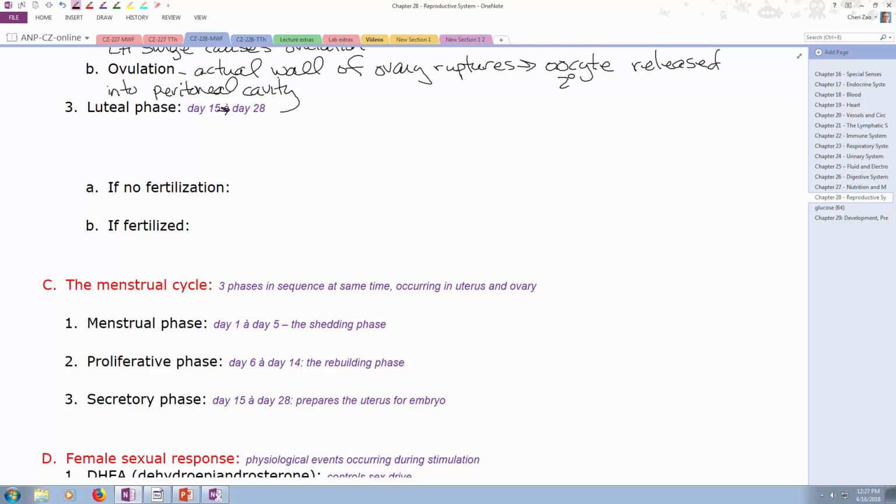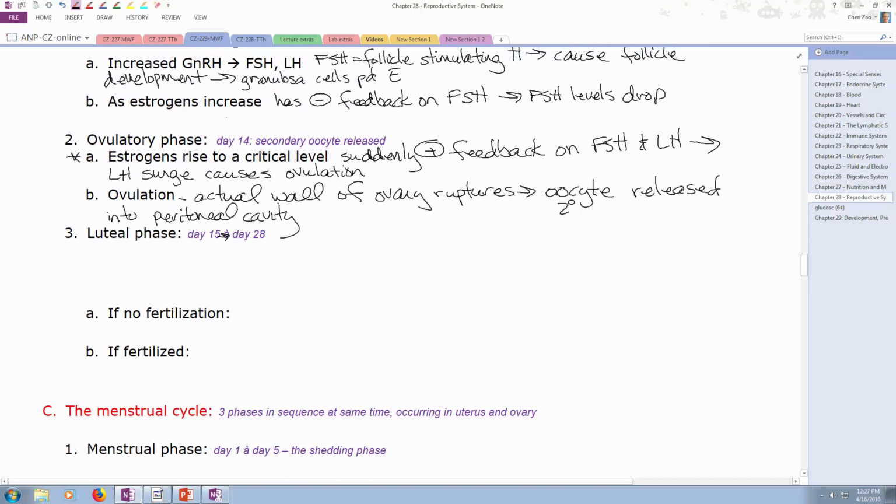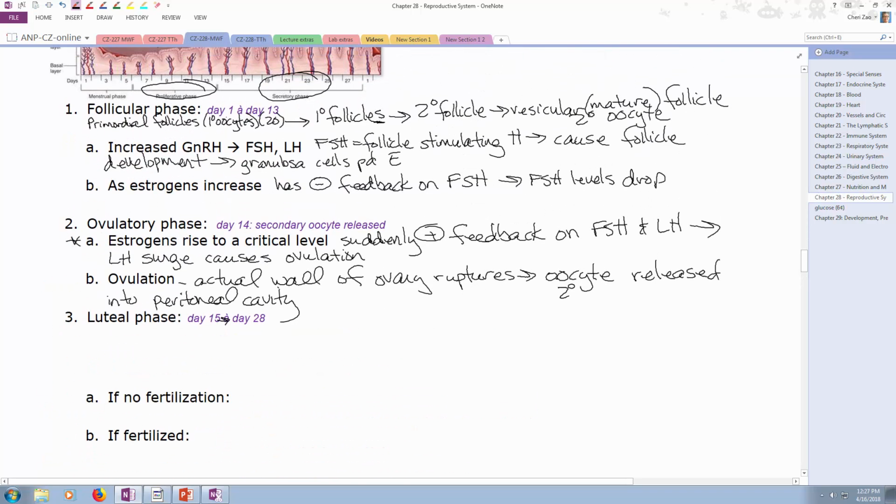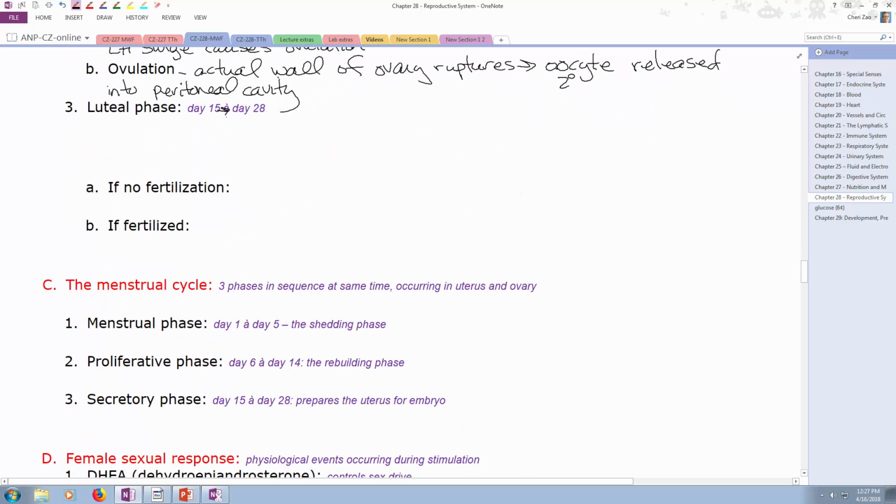Once ovulation occurs, you don't know how long the preceding stage is. You don't know how long the follicular phase is for women who have irregular cycles. But once they do ovulate, this luteal phase is the most consistent, no matter what her cycle's length is.